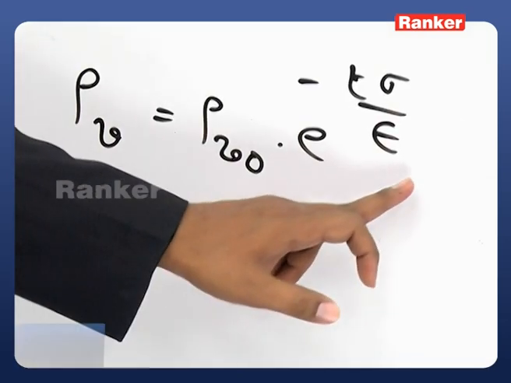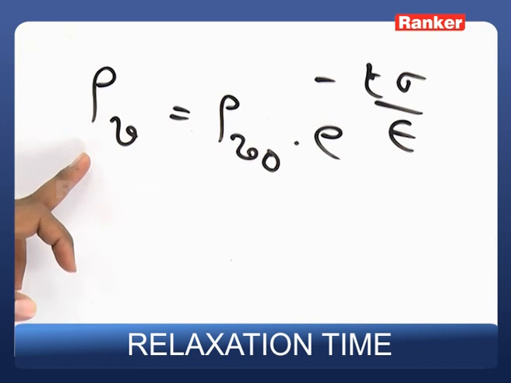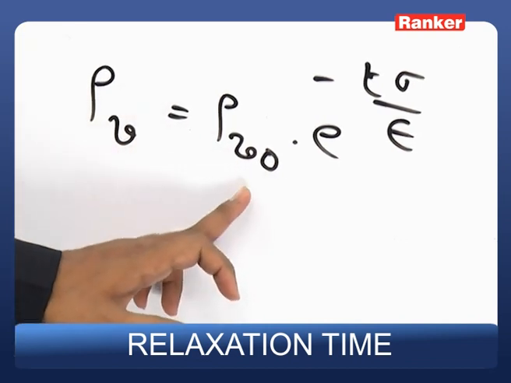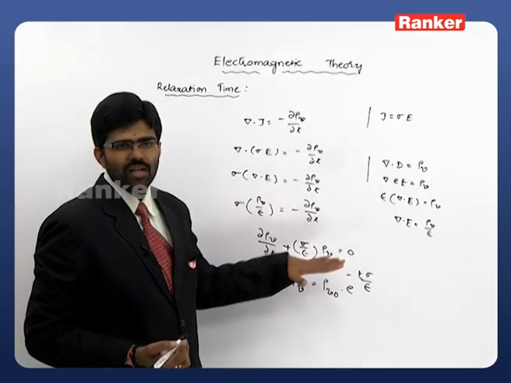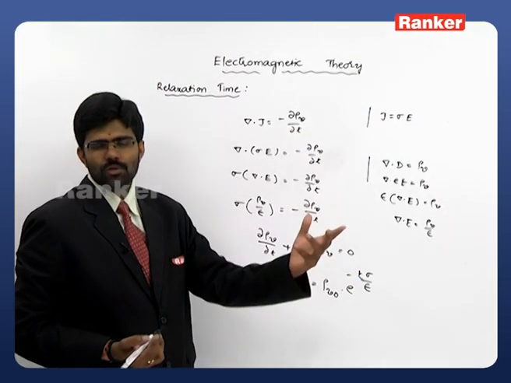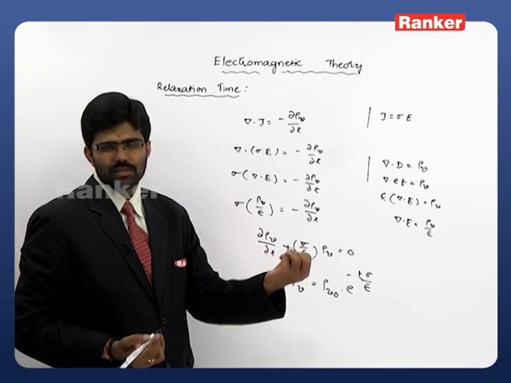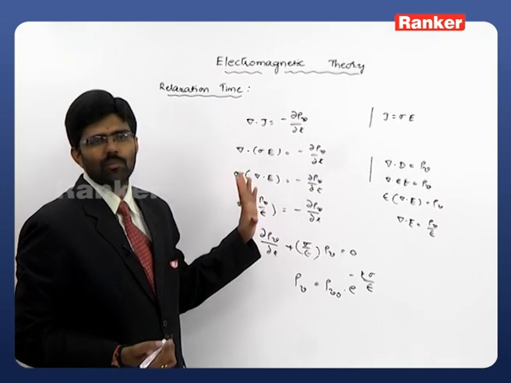Now we need to analyze this equation. What is this ρv0 term, and what is this σ/ε or ε/σ term? If we analyze, then obviously the solution for our previous question, how much time a charge remains as a charge, is easily obtained.